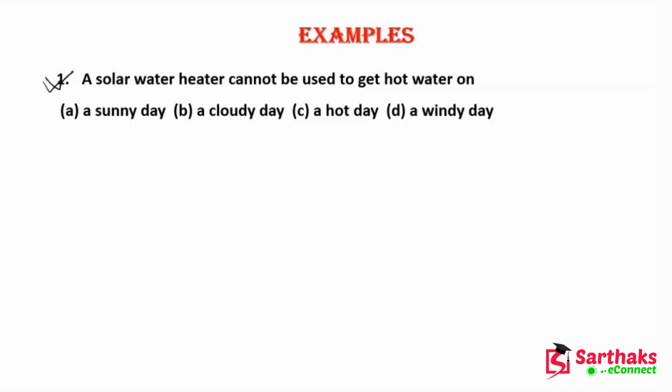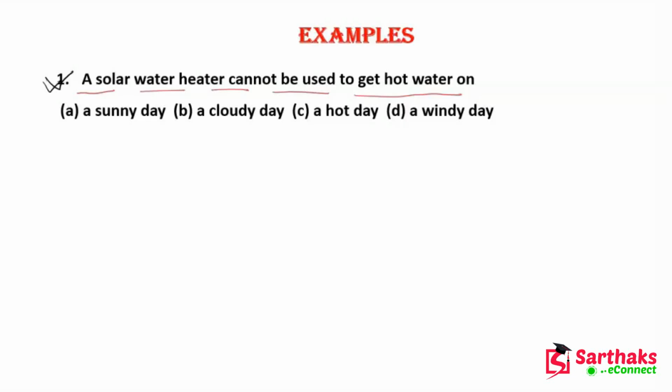So first of all, let's read this question, what it is saying. A solar water heater cannot be used to get hot water on a sunny day, a cloudy day, a hot day, or a windy day.